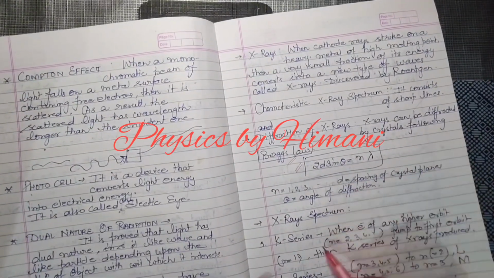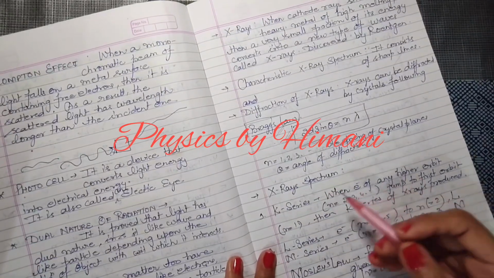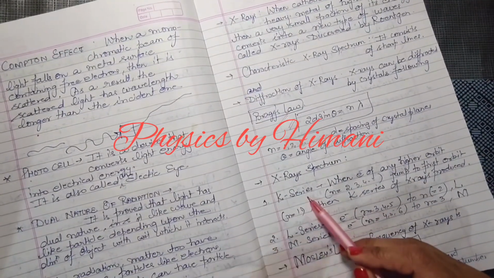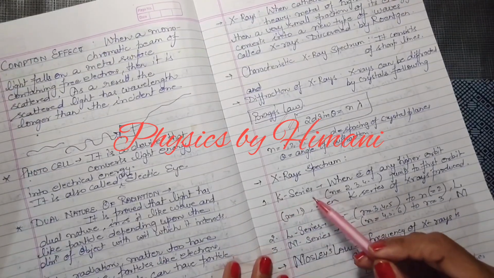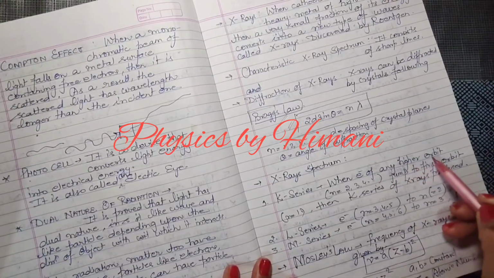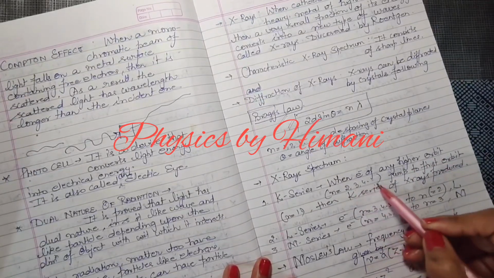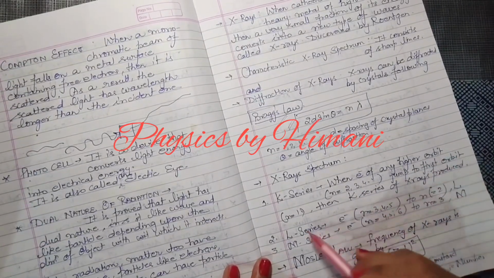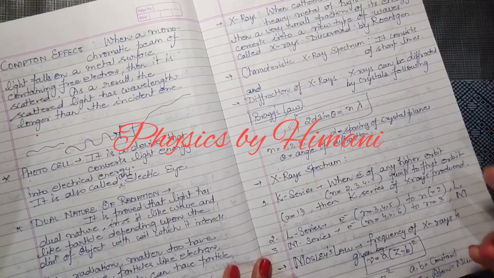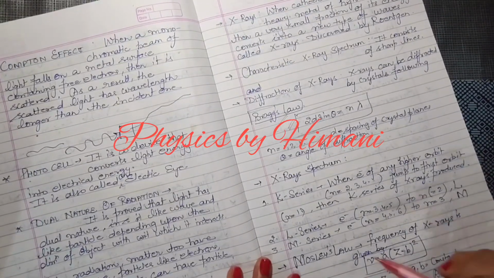So next is the X-ray spectrum. What does this spectrum say? First, K series. According to it, there are K, L, M series. K series: when an electron from any higher orbit n is equal to 2, 3, 4 jumps to the first orbit n is equal to 1, then the K series of X-rays is produced. X-rays की K series बनती है.